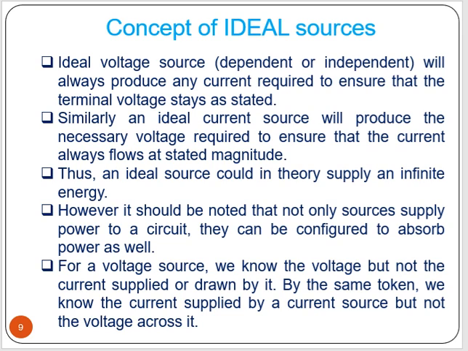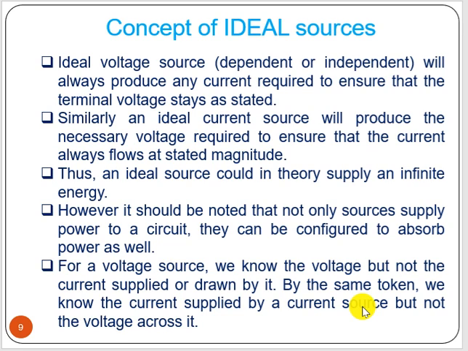However, it should be noted that not only do sources supply power to a circuit, they can be configured to absorb power as well. Now, for a voltage source, we know the voltage but not the current supplied or drawn by it.